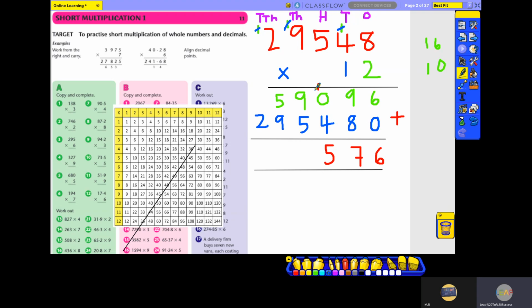Again, remember, do cross it off once used. 9 add 5 is 14. Keep a 1. Now, in this case, what you can do is 9 add 1, which makes 10. 10 add 5, 15. The 1 there, and 2 add 1 is 3. And that is your final answer. So you end up with 354,576.